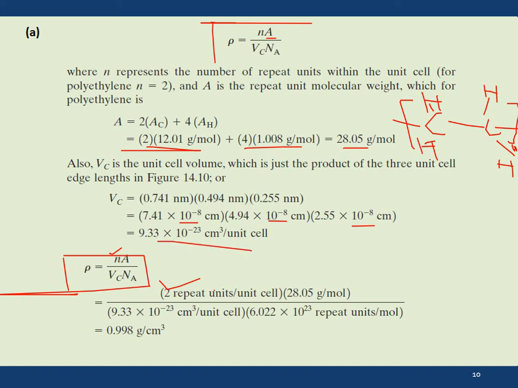So we have the number of atoms, the atomic weight, the volume of the unit cell, and the Avogadro's number. We'll be solving it out, and we get this answer as 0.998 grams per cubic centimeter. So this is the theoretical density of the orthorhombic polyethylene unit cell.